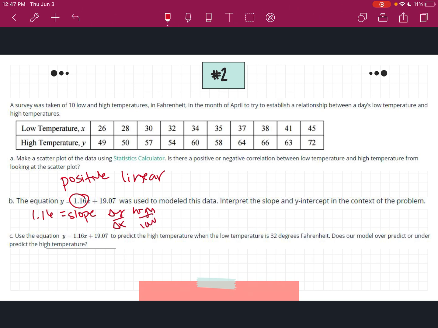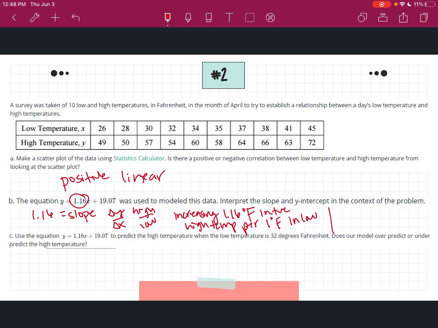Okay, so you can say that the slope means that you are increasing 1.16 degrees Fahrenheit in the high temp per 1 degree in low. So every time that goes up 1 in the low, it's going up 1.16 in the high.